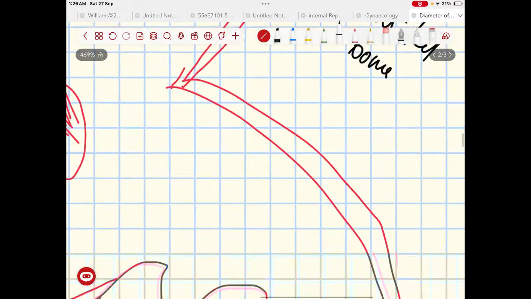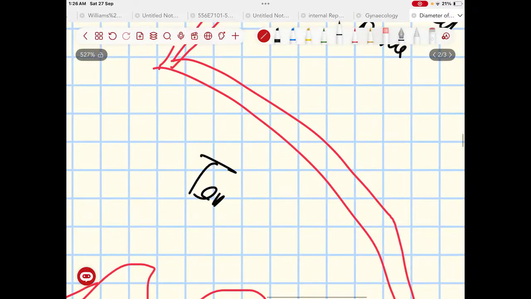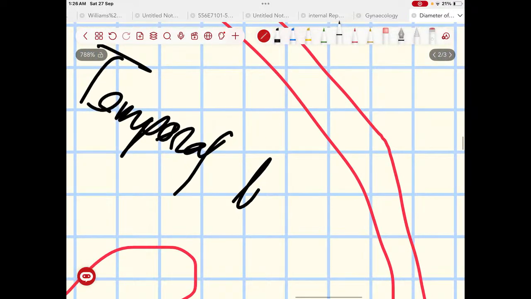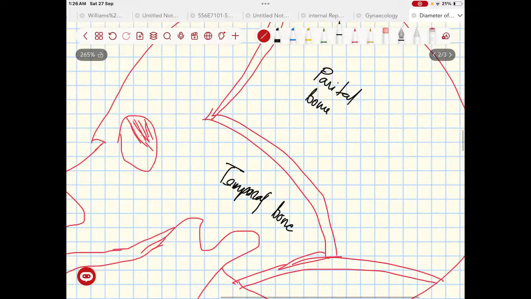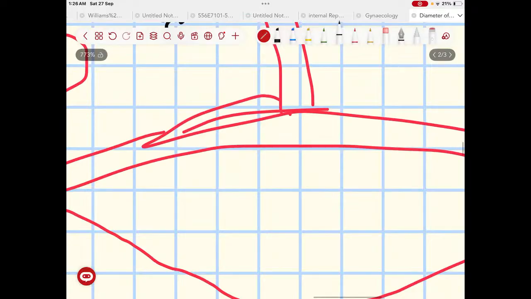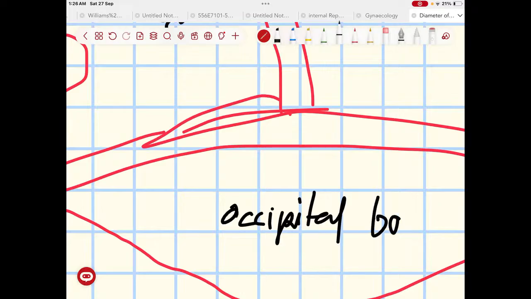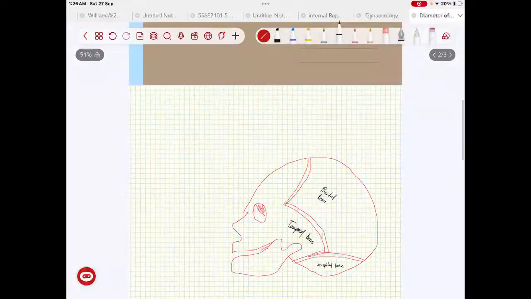This is the parietal bone. This is the temporal bone. This is the occipital bone, and another one is the frontal bone.